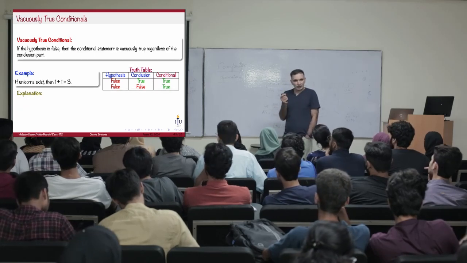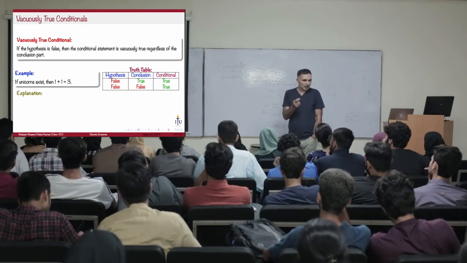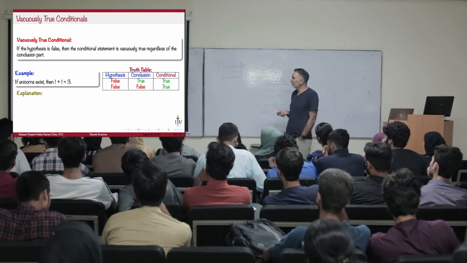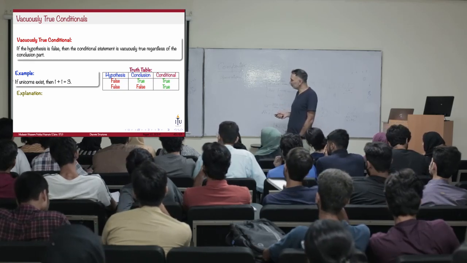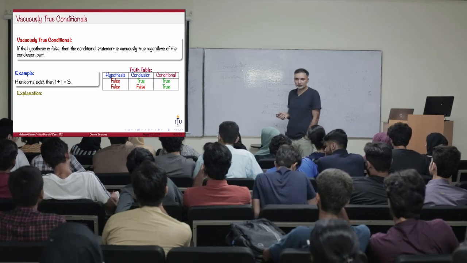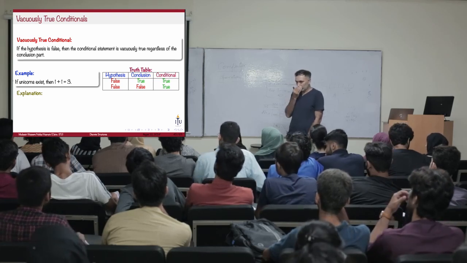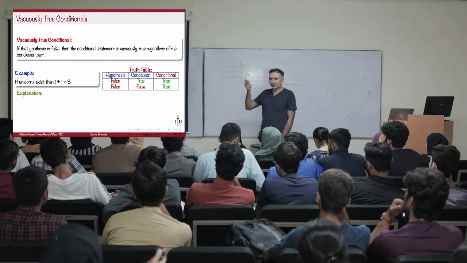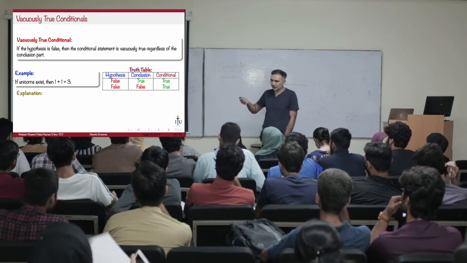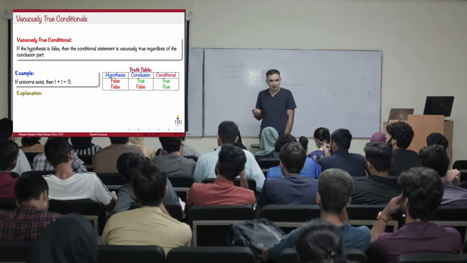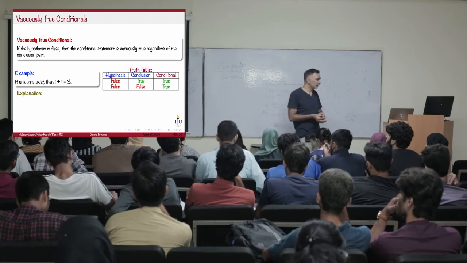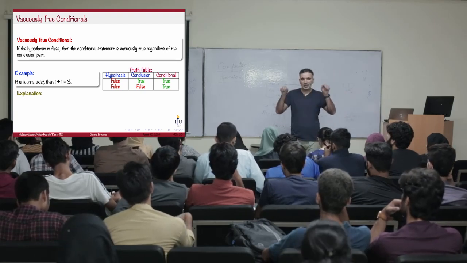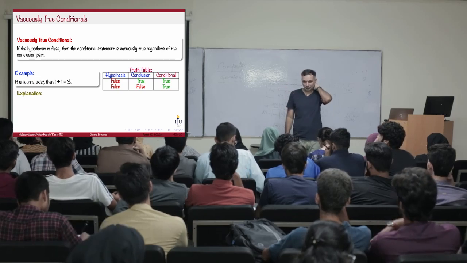There's another way to figure out a conditional is always true, and that's called the vacuously true conditional. This is when your hypothesis is false. If your hypothesis is false, you don't need to worry about whether your conclusion is true or not. Because the conditional की एक requirement थी. अगर वो requirement पूरी नहीं हुई, तो फिर आप ये नहीं कह सकते कि promise true नहीं है.